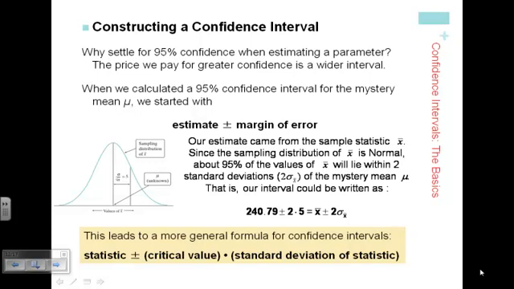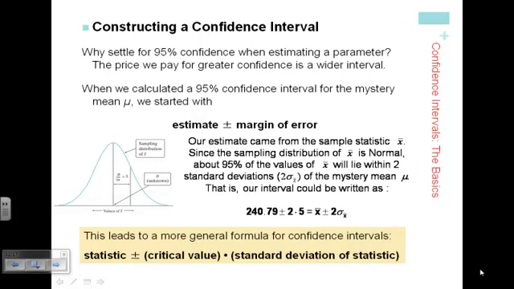Officially, it's actually 1.96, but we're going to say around 2 because we've got the 68, 95, 99.7 rule in our head. And then the last one, the standard deviation of the statistic, well, I've got written on the whiteboard, sigma over root n.